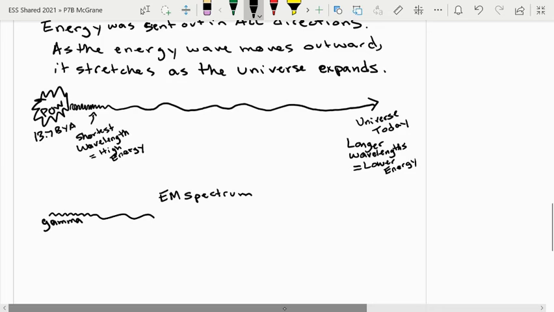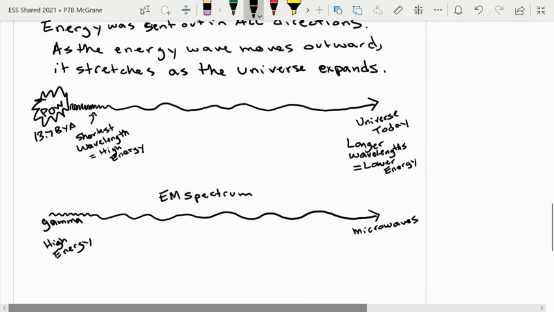And then as it passes through visible light, UV, and it stretches out even more, we're going to end over here with microwaves. Now, I know that there's radio waves on the other side, but we're going to stop at microwaves. And if we look at this high energy, we can think early universe.